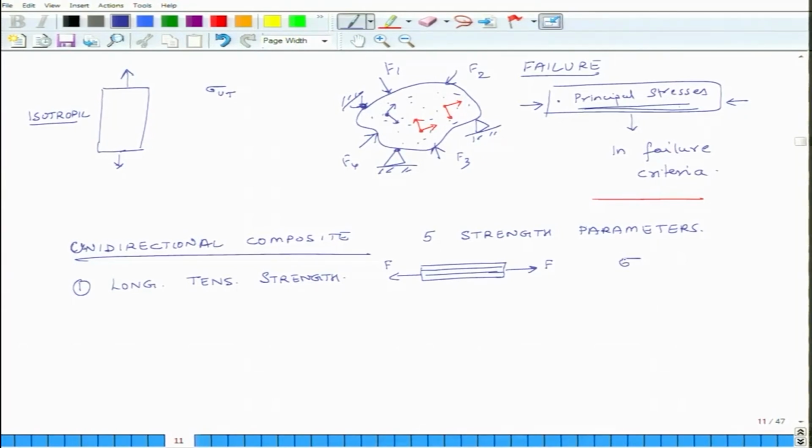You can call it sigma, because the stress is being applied in the L direction here, we call it sigma L, and because it is in tension we call it sigma LT, or it may create confusion because I do not want T to be confused with the T direction. So, sigma L and U, where U is the ultimate tensile strength. Okay. Similarly, you have longitudinal compressive strength.